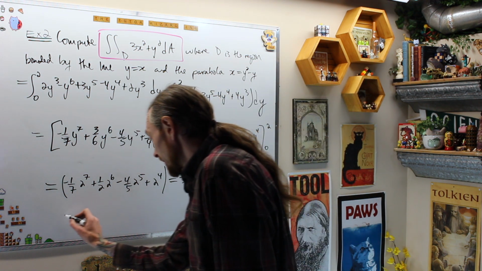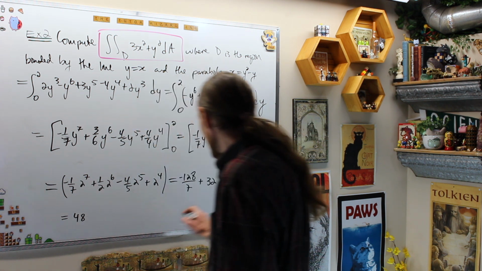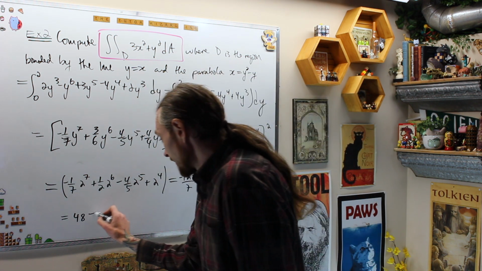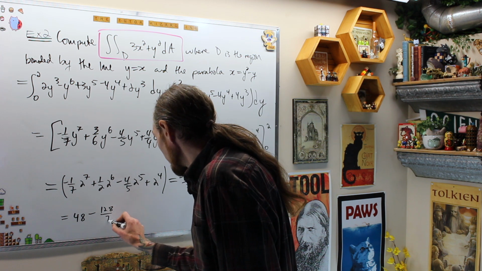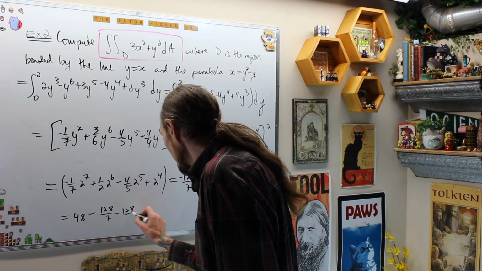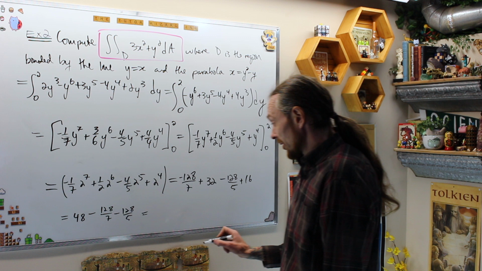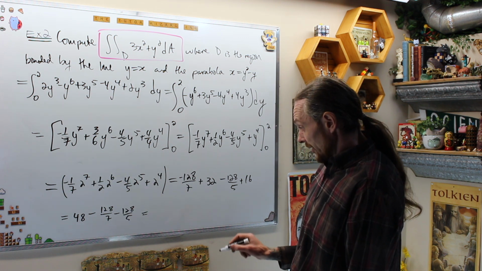So we're going to get that this is equal to 48 minus 128 over 7 minus 128 over 5, which is now going to be equal to something equally horrible.